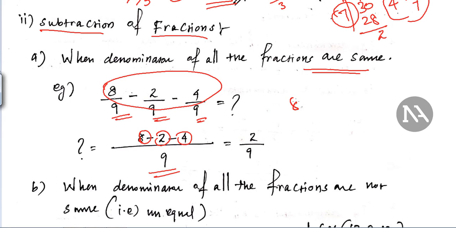How you can write: 8 minus 2 plus 4, divided by 9. I have taken the minus sign outside, so it is 8 minus 6 divided by 9. So it will be 2 divided by 9, for the case of the same denominator.